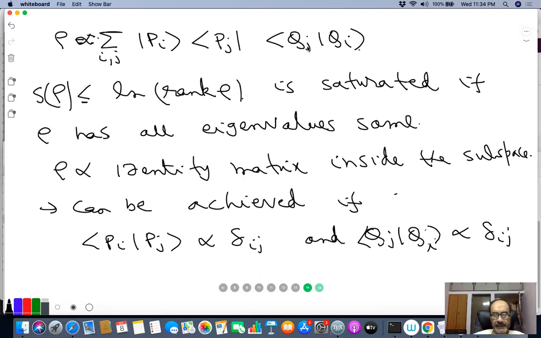Because in that case, right, this is an orthonormal basis.